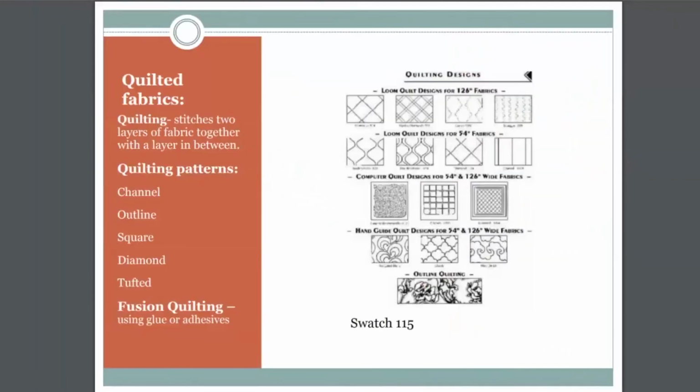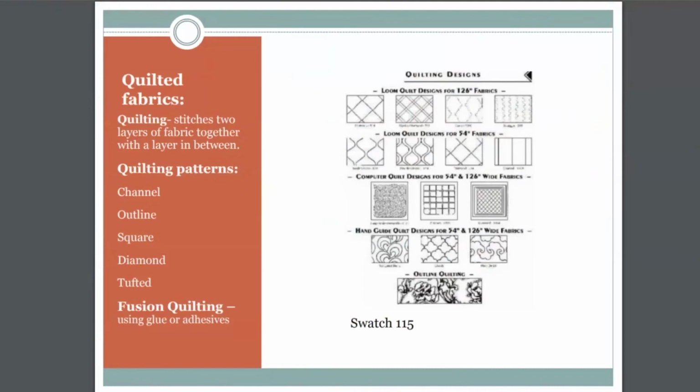Swatch number 115 next to this is an example of a quilted fabric. So this is different than the double weave, which was created on the loom. A quilted fabric is 3 fabric layers held together by a decorative stitch. So that's why it falls under the stitching.